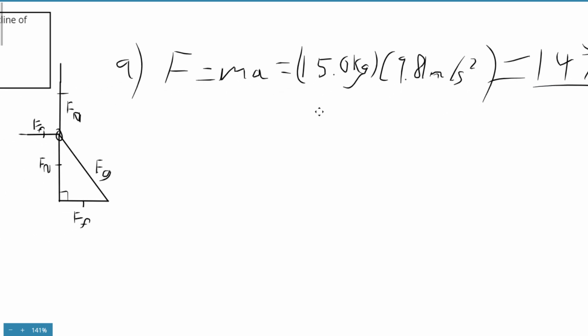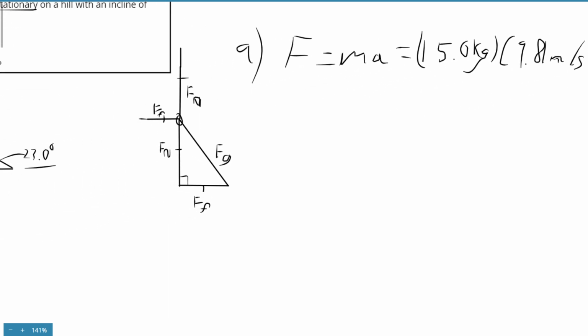So now let's write that down here. Fg is 147 newtons.